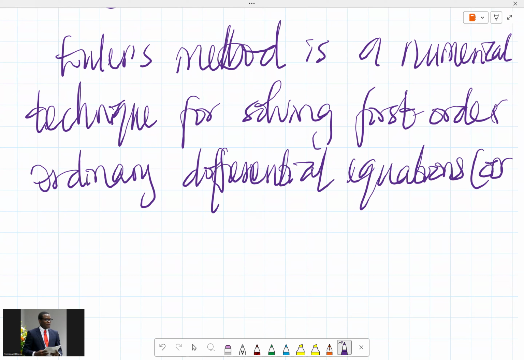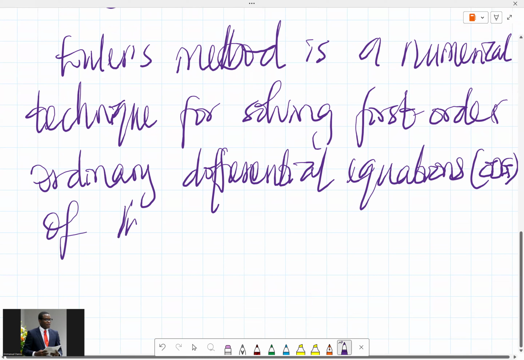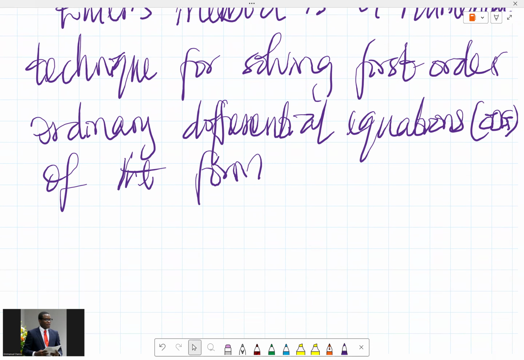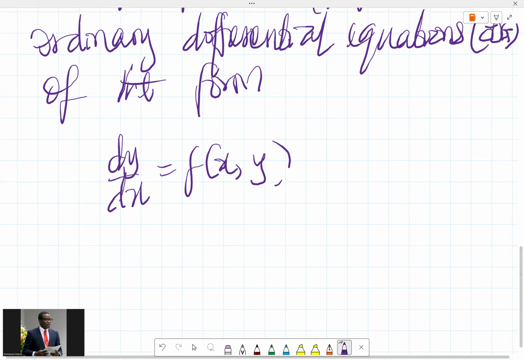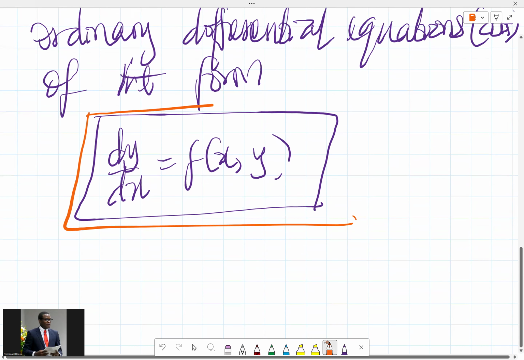We call them ODEs of the form dy/dx equals f of x comma y. So this is the set of ODEs that we use Euler's method to solve.